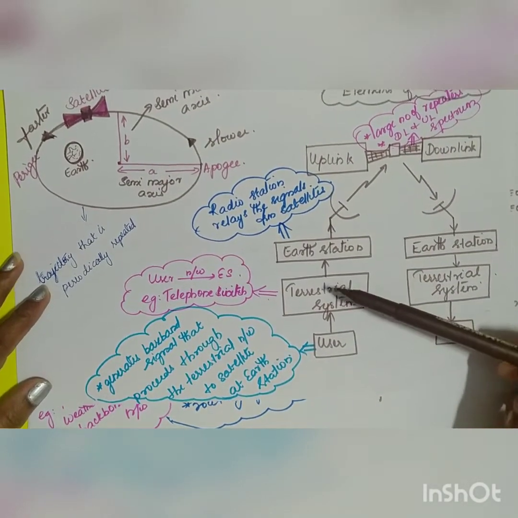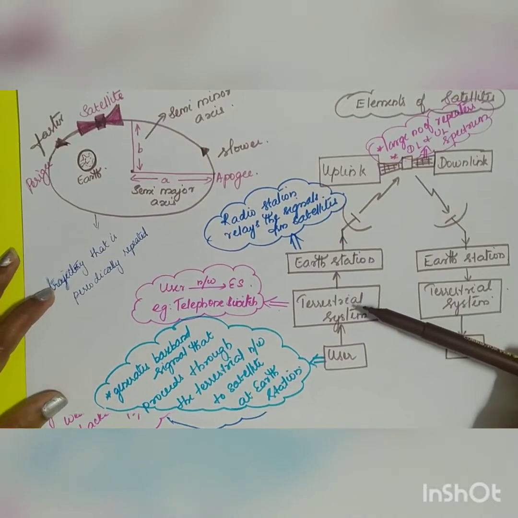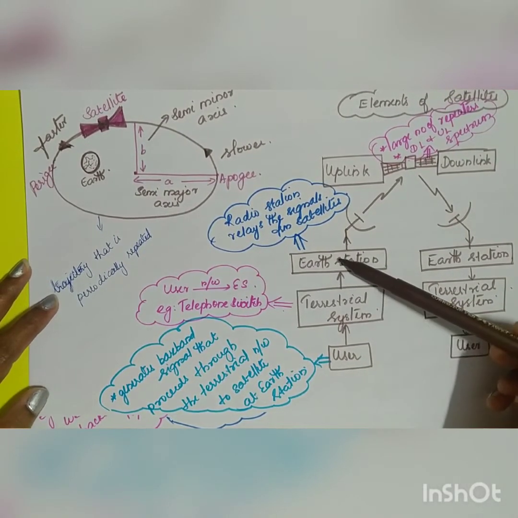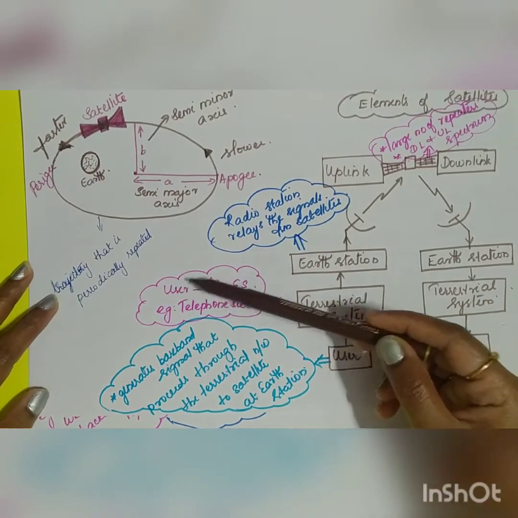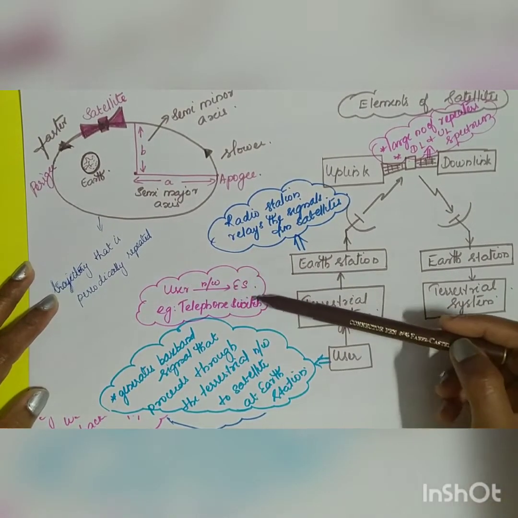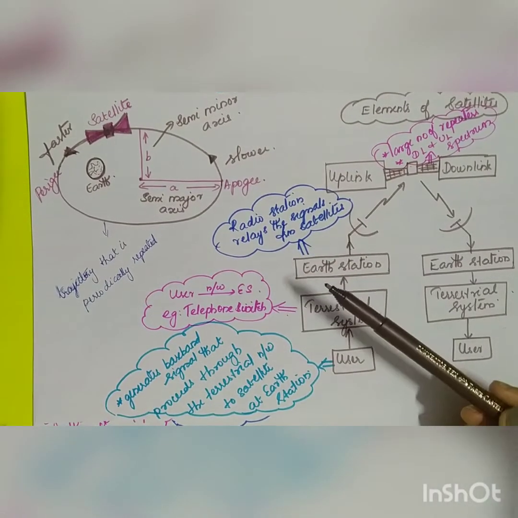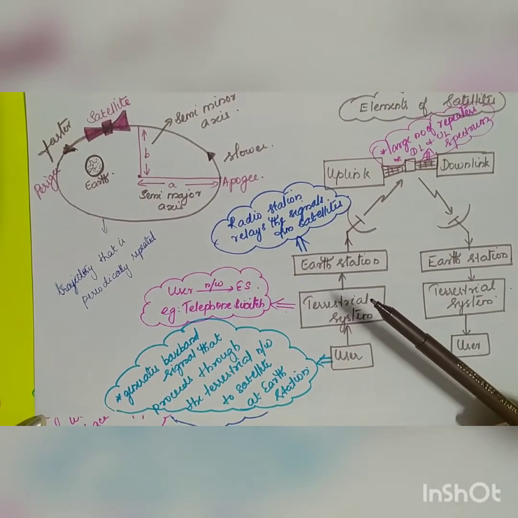The terrestrial system, or land system, is the network which is used to communicate between the user and the Earth station. For example, the telephone switch and the dedicated link.